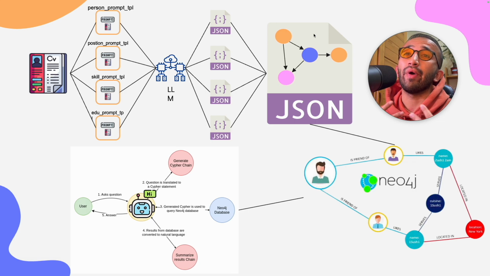If you don't know about Neo4j and how graph databases work, you can check out my other video. I think I made a video on that. From here we have Cypher code which can be inserted into the graph database.